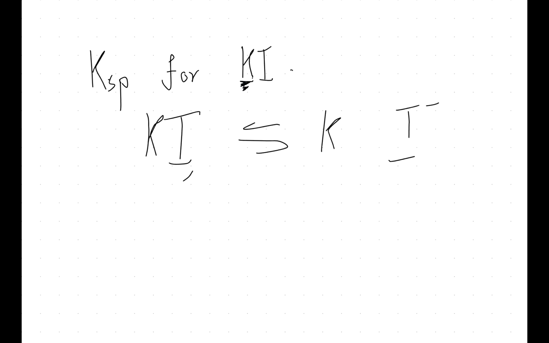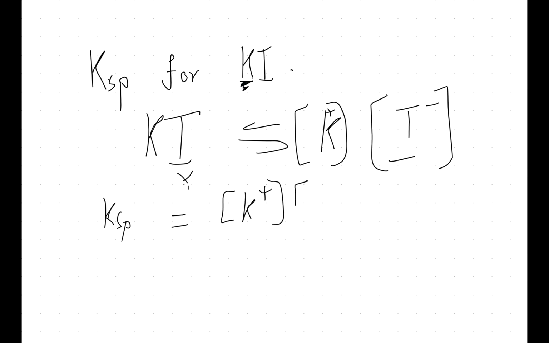I just care about the product side, even if it's slightly soluble. So the solubility product of potassium iodide equals potassium times iodide. This is how we write the expression.